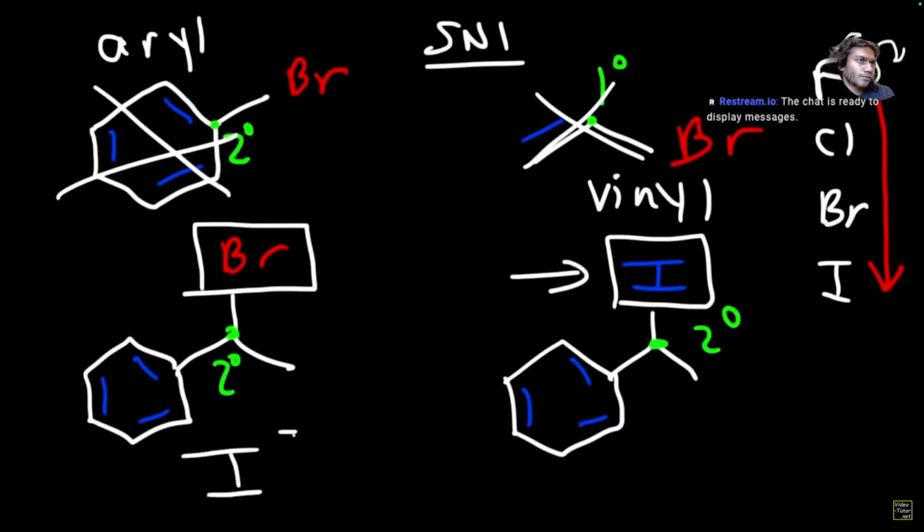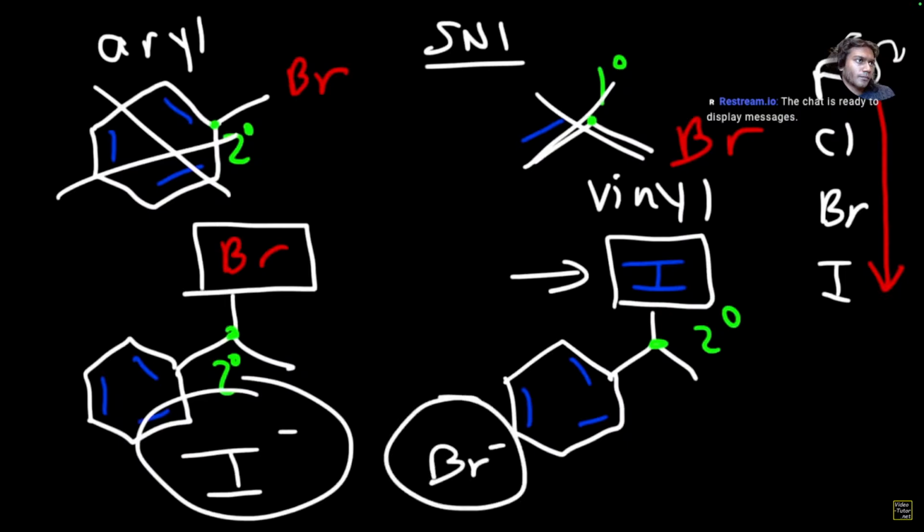Because iodide is bigger than the bromide ion, it can stabilize the negative charge better. If you can spread out a negative charge over a larger area, that is more stable than concentrating a negative charge in a smaller area. And so larger ions can stabilize a negative charge better than smaller ions can.